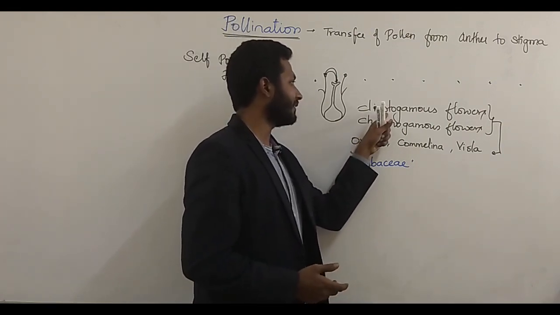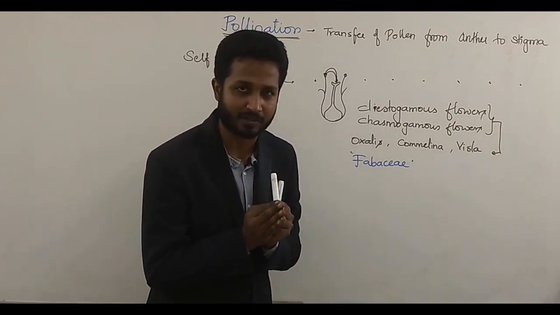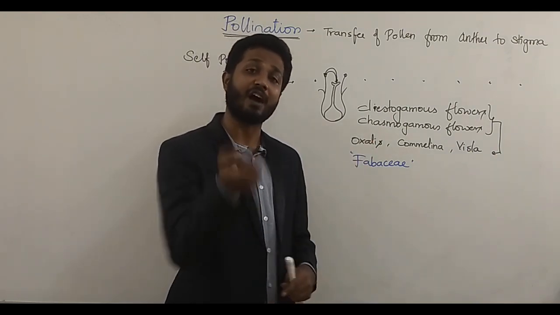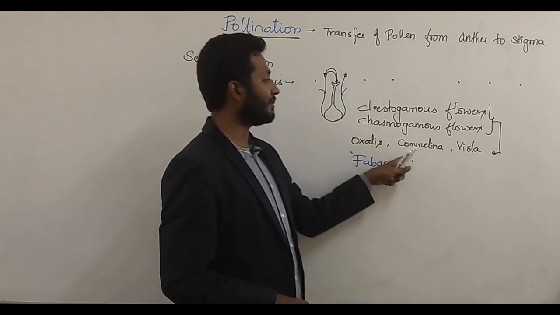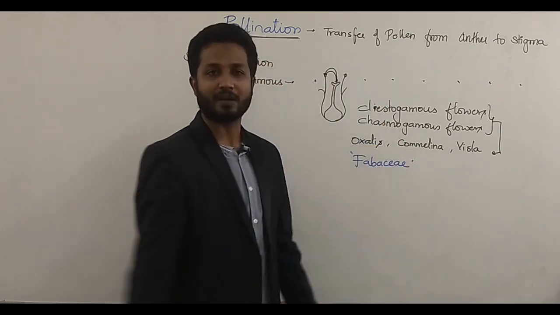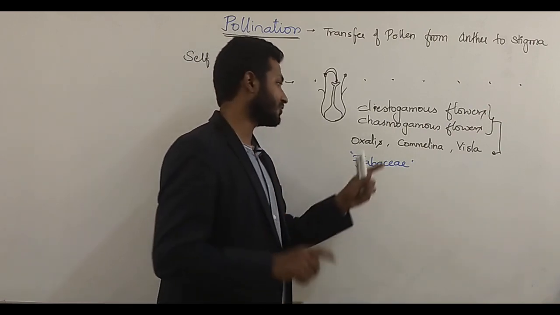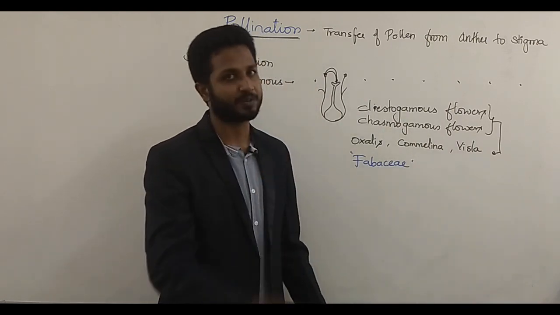You are telling us that in the cleistogamous condition, the flower always remains closed. It will never bloom, it will never open up. And in chasmogamous flower, after pollination, it will open up. And now you are telling that oxalis, camelina, viola come under both cleistogamous and chasmogamous conditions. How is it possible? Yes, it is possible. The so-called oxalis, camelina and viola have two types of flower.